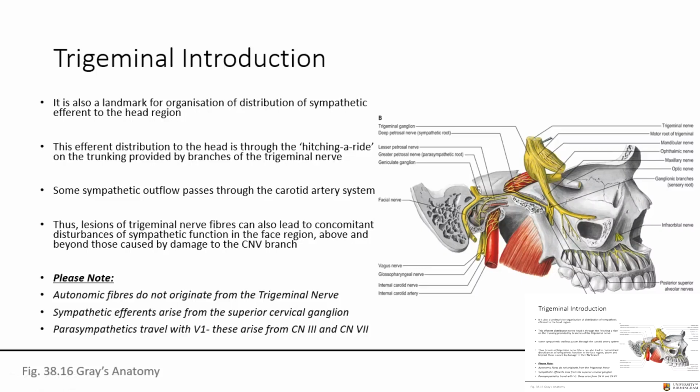But also from the cervical ganglion we have fibers that are traveling alongside the trigeminal nerve. So it could be either the internal carotid artery or the trigeminal nerve. If there is damage to the trigeminal nerve, we might also have disturbances of the sympathetic nervous system. Just as a reminder, none of these autonomic fibers originate from the trigeminal nerve.